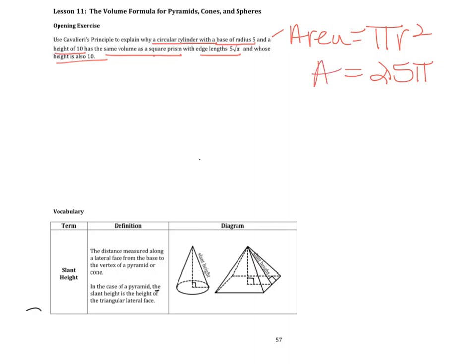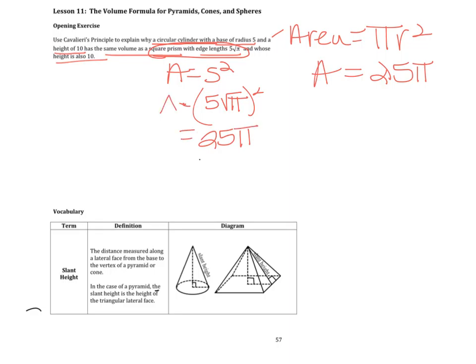And then if we take the square prism, we know that the area of a square is equal to side squared, because all sides are equal, and 5 radical pi squared is also 25 pi. So that's where our areas are equal, and we have the same height, so we can conclude that their volumes are equal.